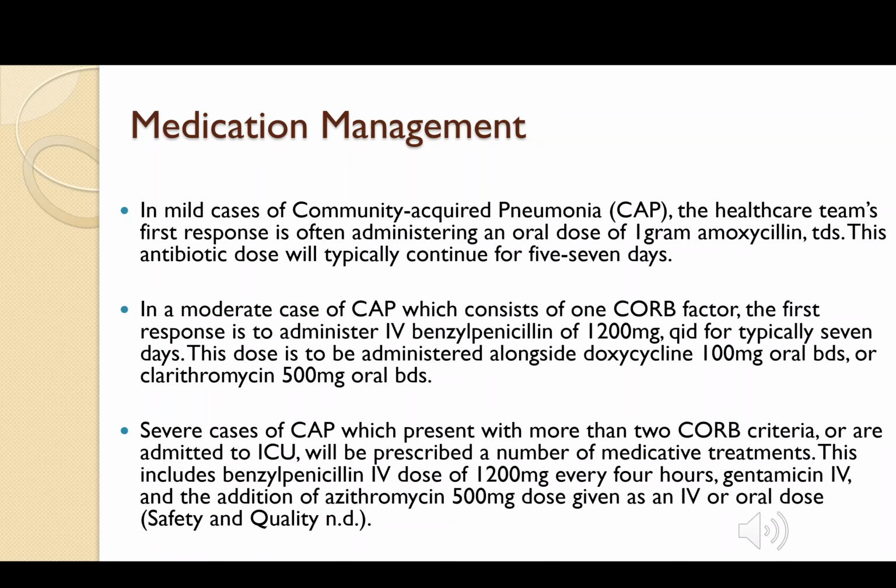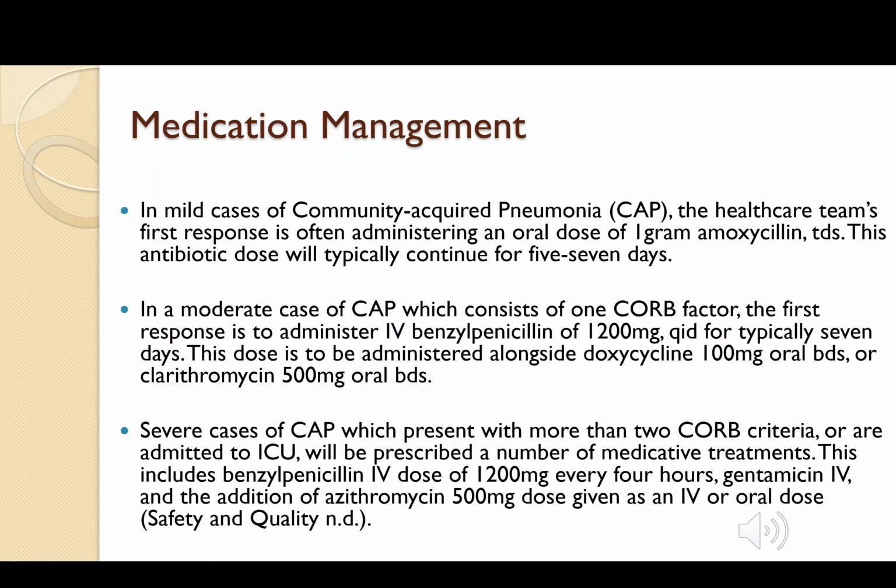In a moderate case of community-acquired pneumonia, which consists of 1 CORB criteria, the first response is often to administer IV benzyl penicillin of 1,200 milligrams 4 times a day for typically 7 days. This dose is to be administered alongside doxycycline 100 milligrams oral 2 times a day, or clarithromycin 500 milligrams oral 2 times a day.